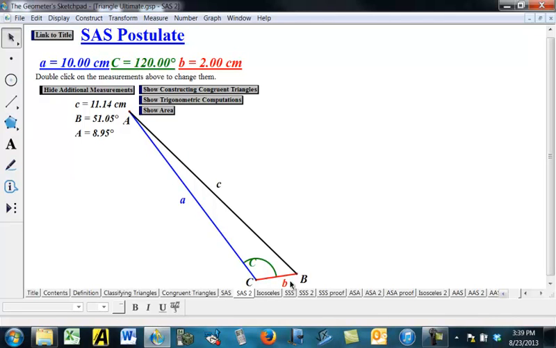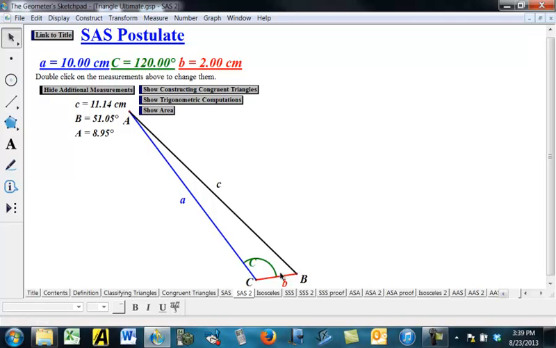We'll label the vertices capital A, capital B, capital C, and really we should use a different letter for the measure of those angles, maybe Greek letters, alpha, beta, gamma, but we're going to play loose with that notation and let capital A represent not only the point A, but also the measure of the angle at A. So here A is actually equal to 8.95 degrees, and we also use the same letter for that point A. But then lowercase a is something completely different.